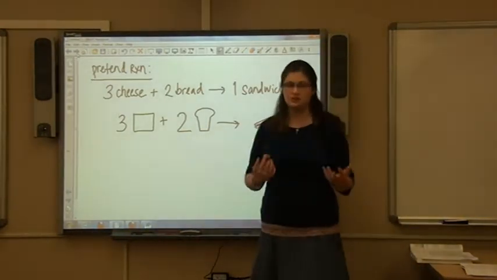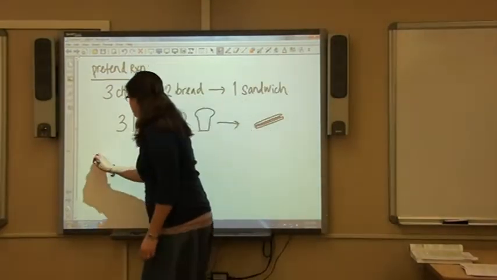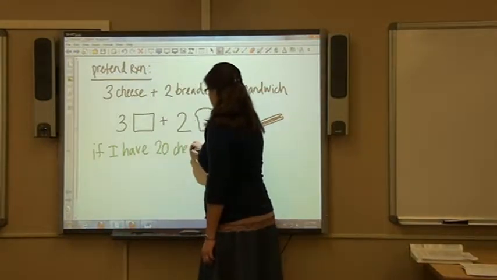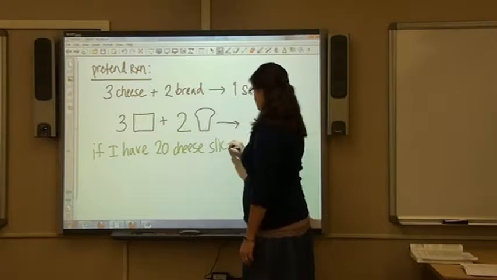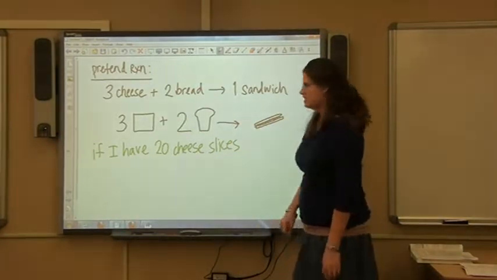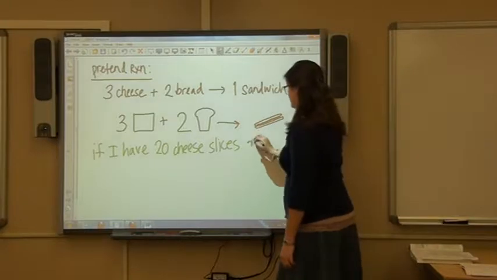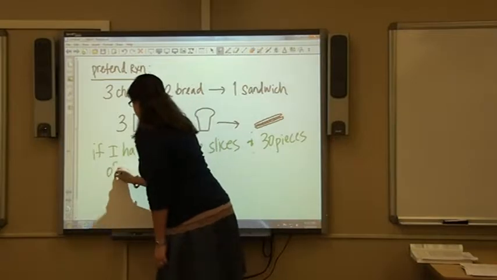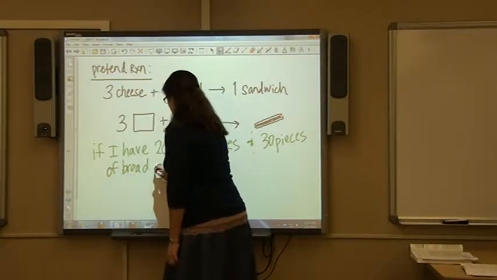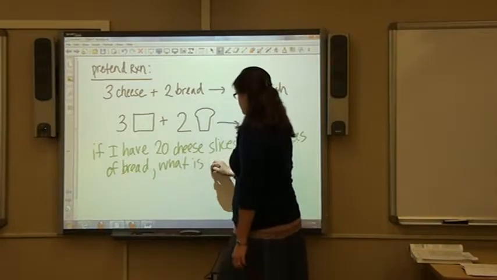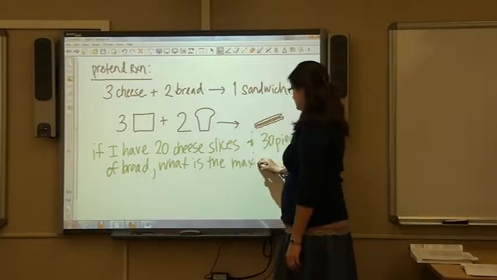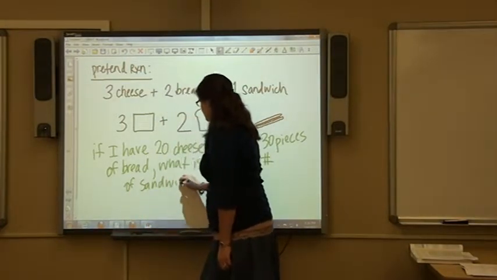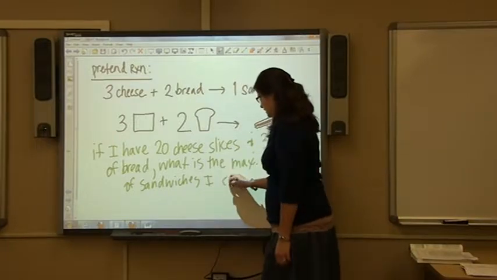Okay, let's do a pretend limiting reagent problem. If I have 20 cheese slices, you know, like the Kraft ones that are wrapped, and 30 pieces of bread, what is the maximum number of sandwiches I can produce?